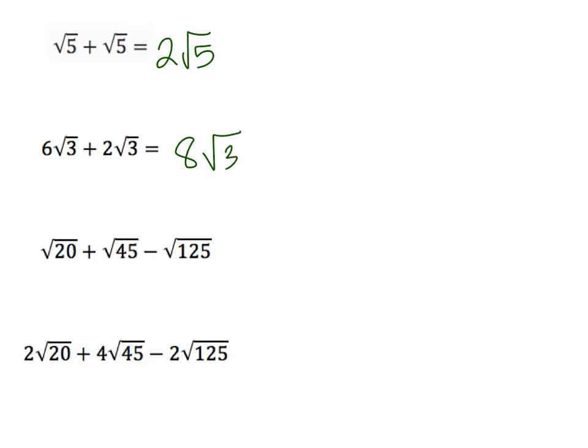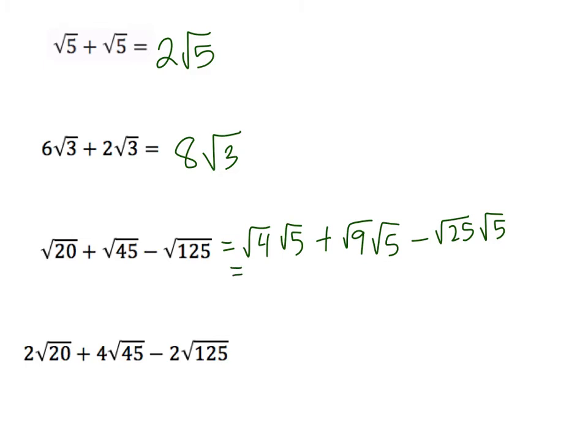When you see something like this, 20, 45, 125, what you'll want to do is simplify each of them, and then you should be able to combine them from there. So we have square root of 20. 20 is 4 times 5, so we have square root of 4, square root of 5, plus 45, that's divisible by 9, so we have square root of 9, square root of 5, minus 125, which is divisible by 25, so we have square root of 25, square root of 5.